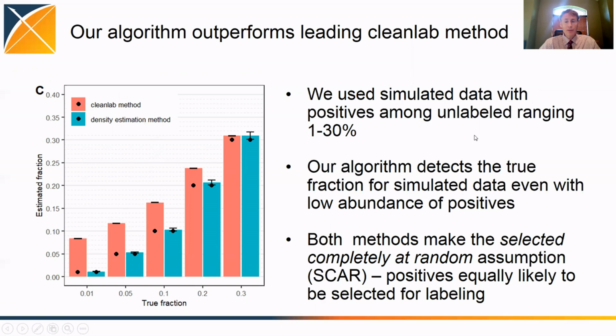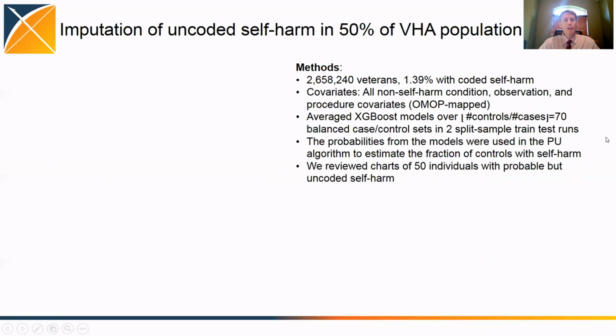records or most phenotypes. We applied this method to 50% of the Veterans Health Administration population in the US, where we use the data on 2.6 million veterans, 1.39% who had coded self-harm, which is our positives, and the rest would be our unlabeled.